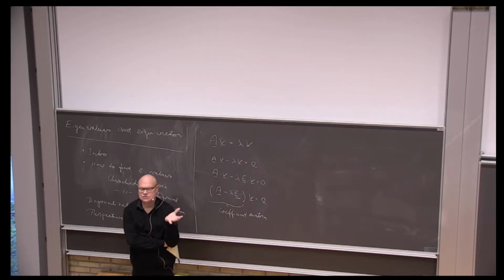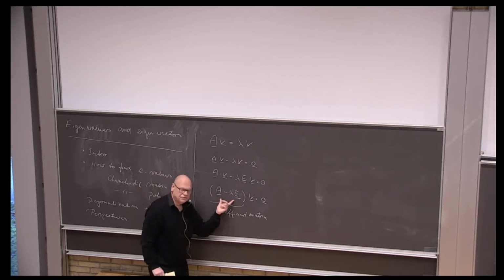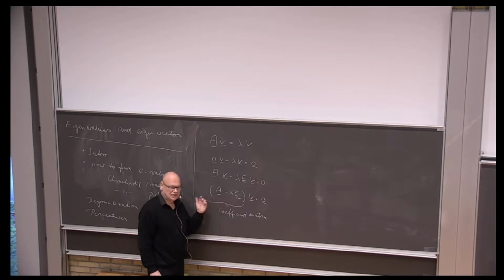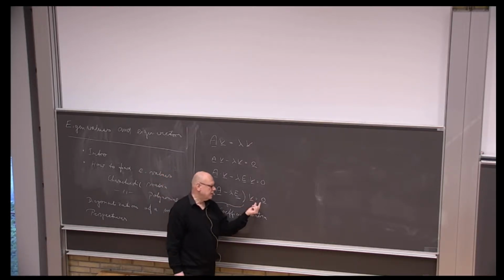You only have the 0 solution, because if this coefficient matrix is regular, then you know that the inverse exists, and you can multiply with the inverse from the left. And here you get the identity matrix, and then you get just the v vector on the left-hand side. On the right-hand side, you get the inverse of this matrix times the 0 vector, and a matrix times the 0 vector is always the 0 vector.